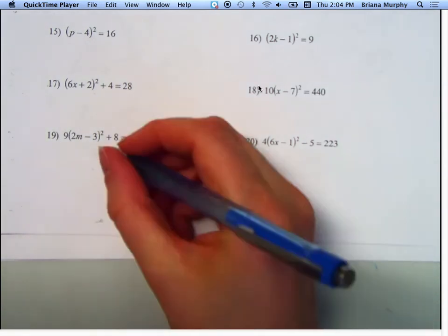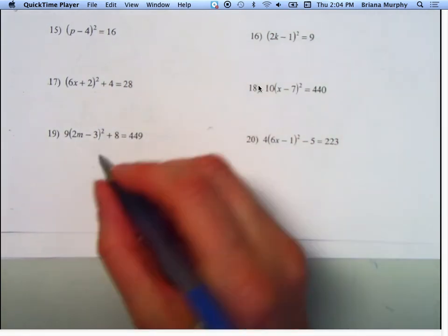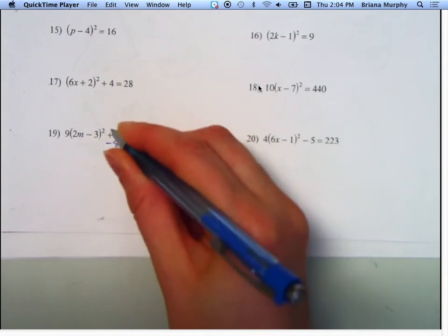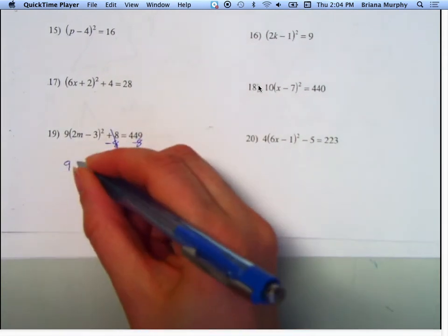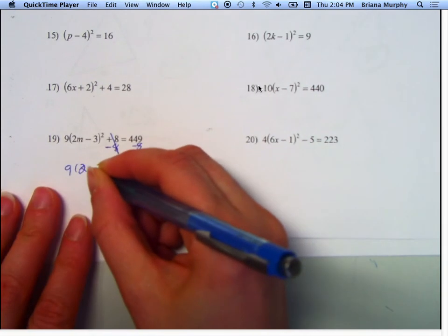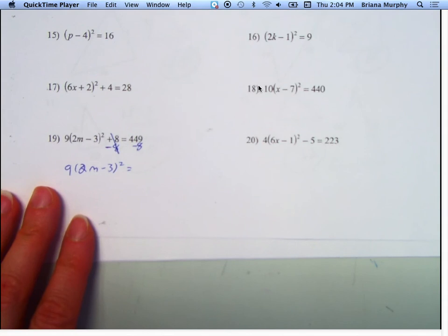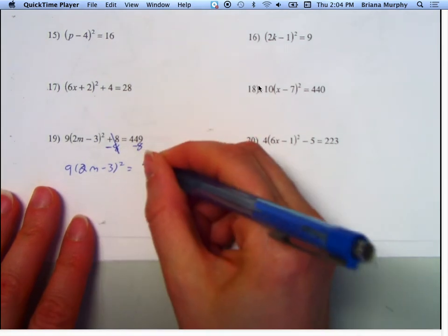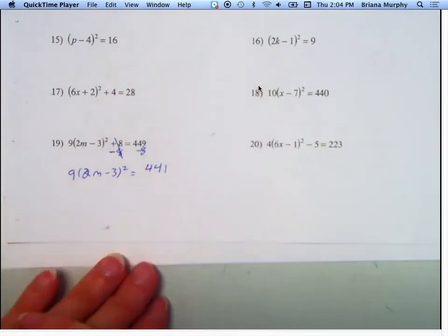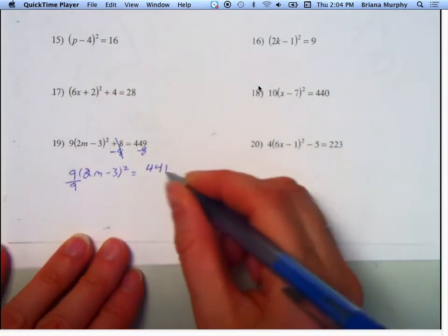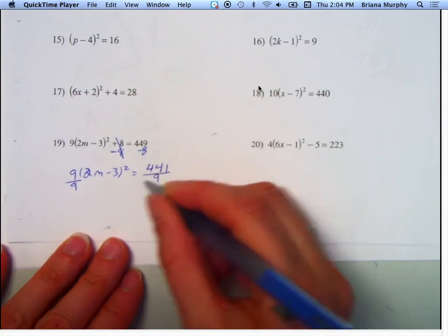The first thing I'm going to do is subtract 8 from both sides. Okay. Then I'm going to have 9 times 2m minus 3 squared equals 449 minus 8 gives me 441. Then I'm going to divide both sides by 9. Do you guys see this? Dividing both sides by 9 next.